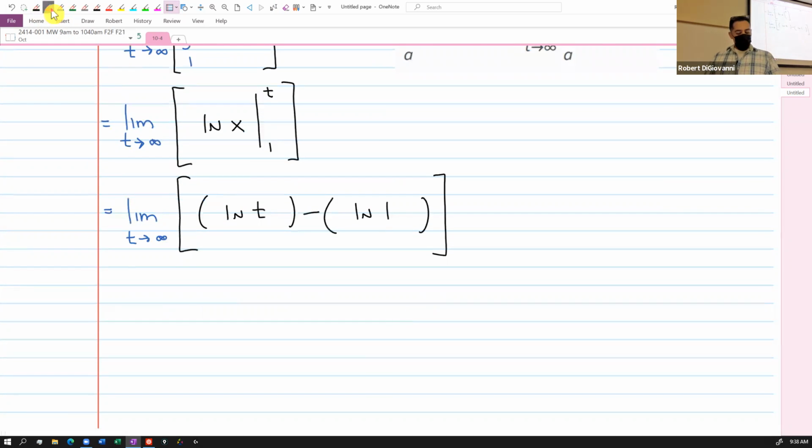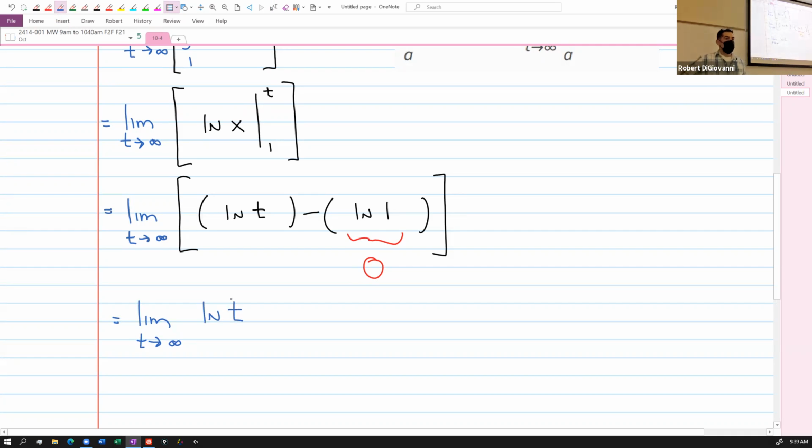I hope that we all remember that the natural log of 1 is 0. And so what I'm left with is this: limit as t goes to infinity of the natural log of t. That's all I'm left with.